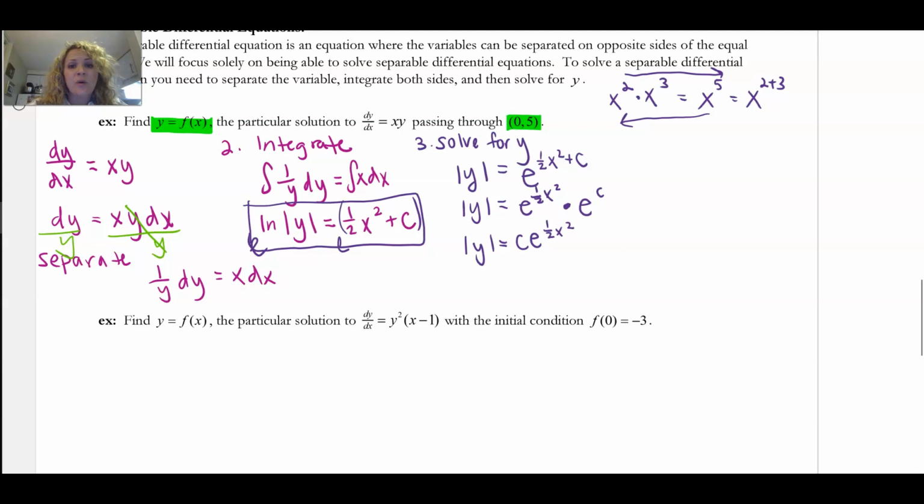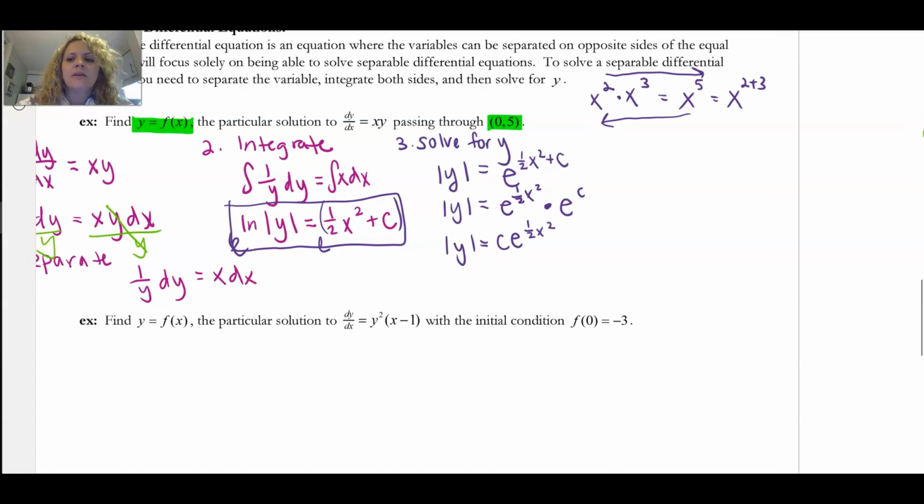So lastly, when we want to get rid of those absolute value bars, let's just think about a simple example. So out here to the side, if I had the absolute value of x equals 4, for example, that means that I would want x to be any number whose absolute value is 4.